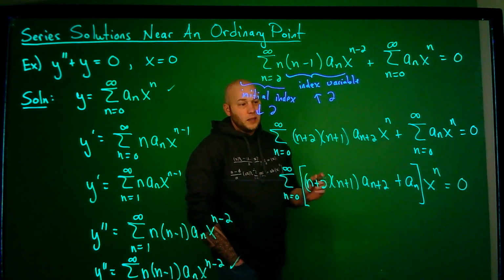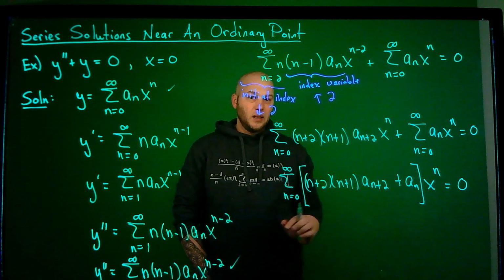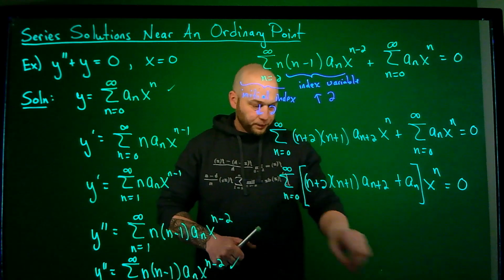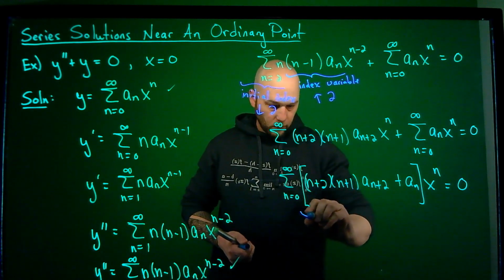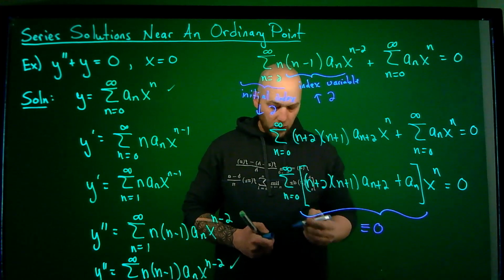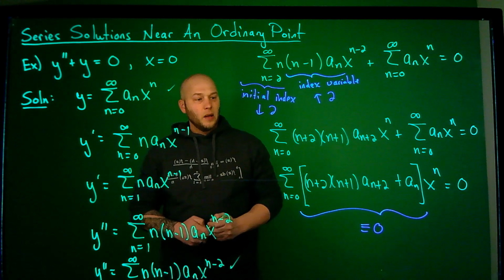Now, the idea is that this whole summation is identically equal to 0. Well, that can only happen if this is identically equal to 0 for every single value of n.